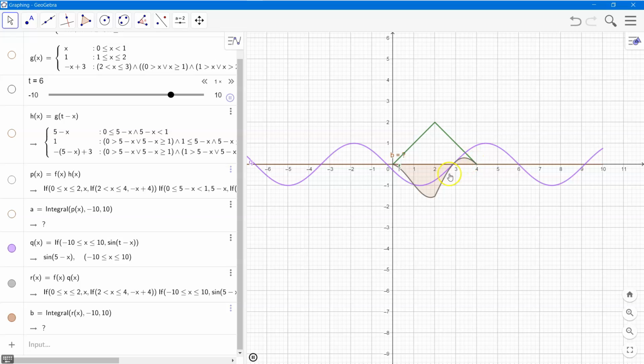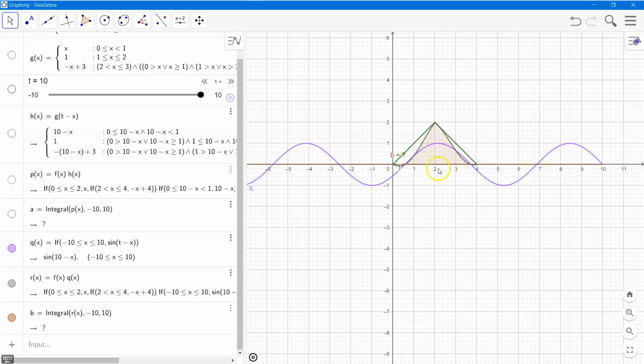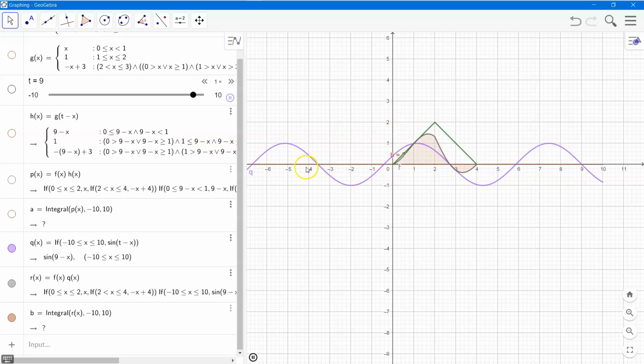I'm sure you understand that the kind of curve that gets generated would differ if either of these two functions are different. Instead of this triangle, we have a different function, or instead of sine, we have a different function. So the curve generated would be different, and so would the area under that curve.